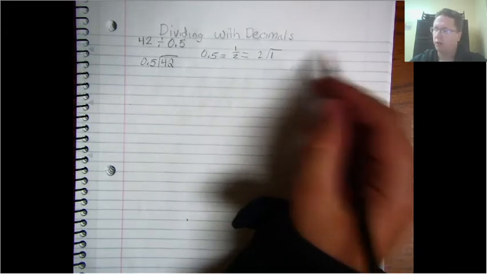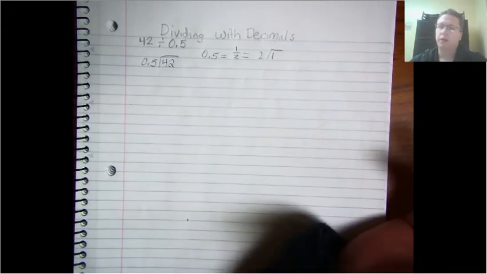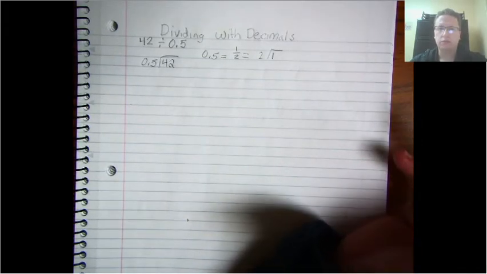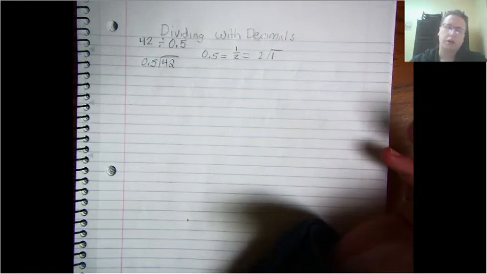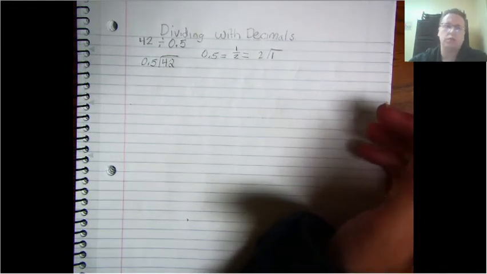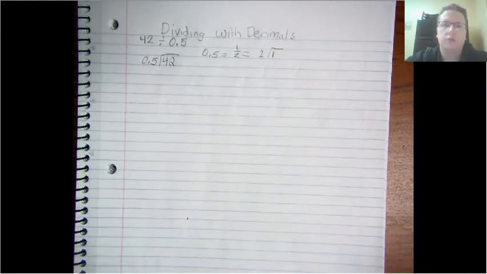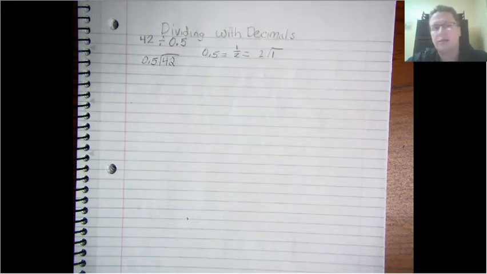In lower grades you'd get remainders, and now we do decimals. Later on in life, you're not going to see remainders as much; you're going to see a bunch of decimal points. So that's what we're going to do here.